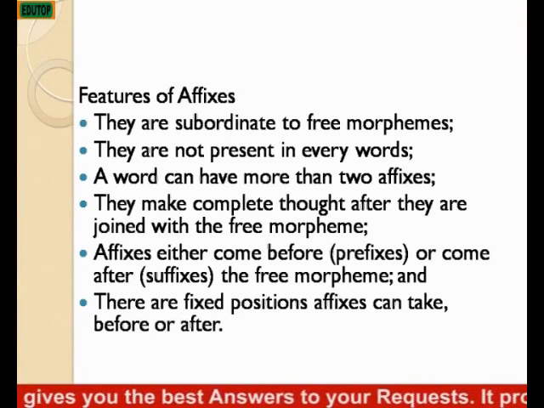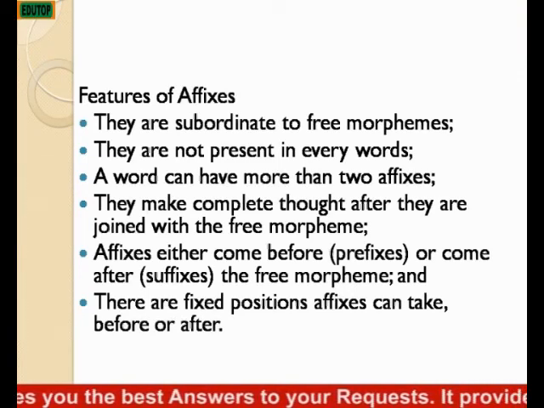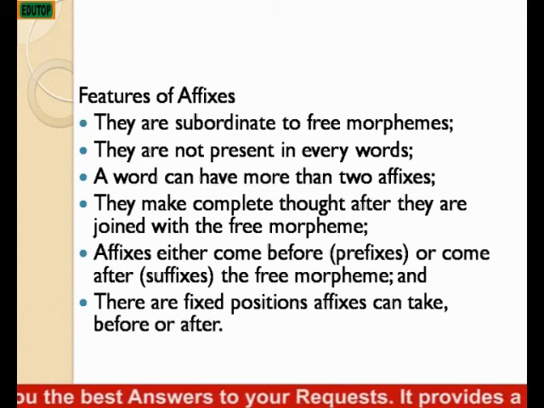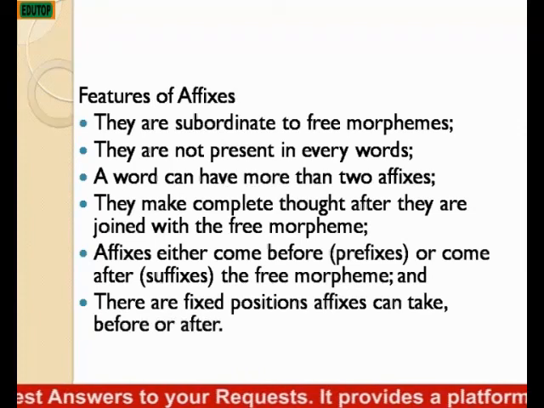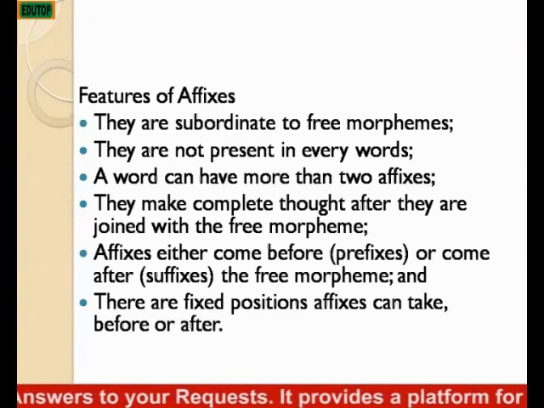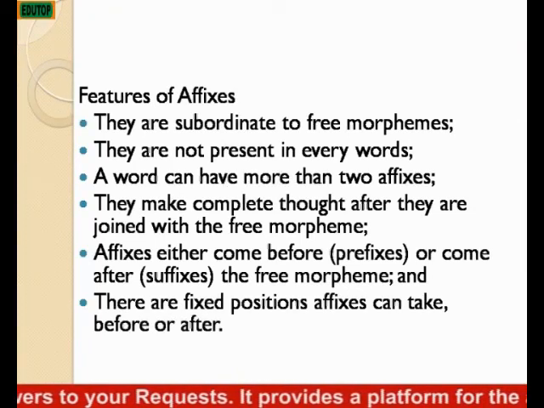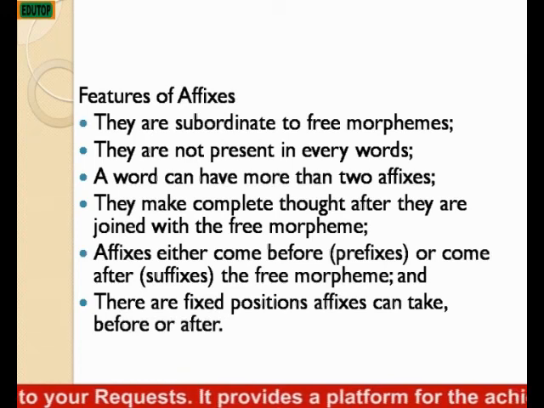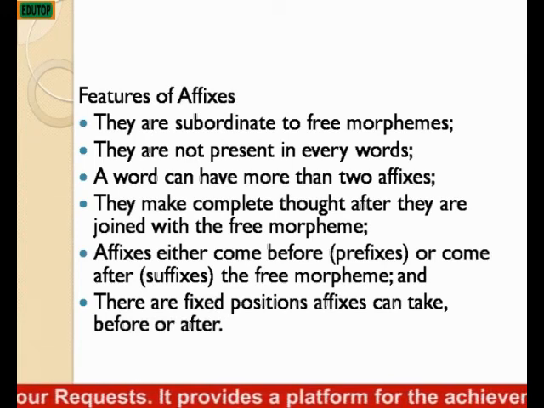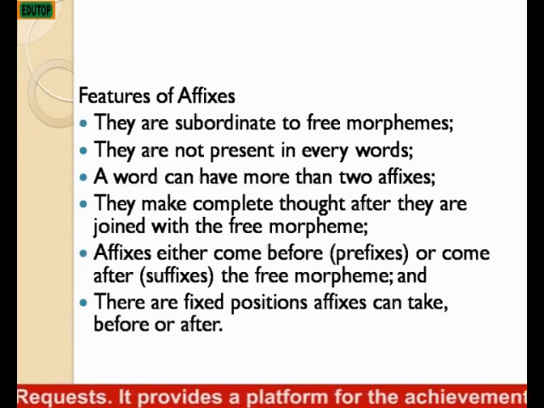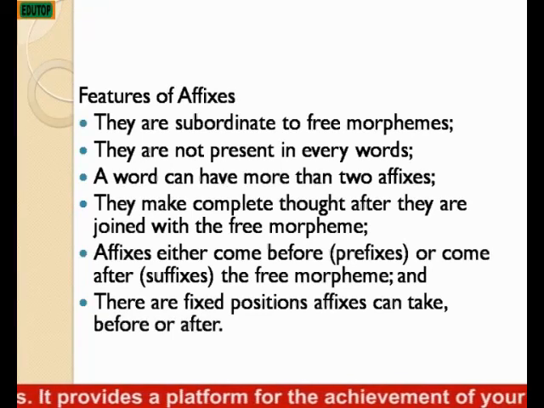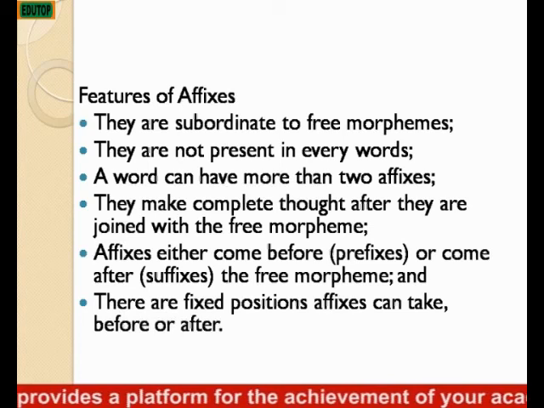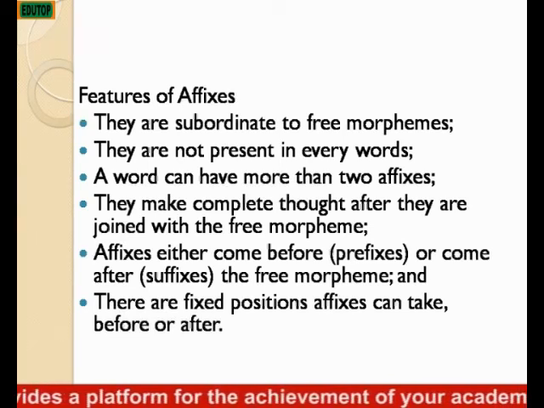Affixes are not present in every word, meaning not all English words can accommodate affixes. A word can have more than 2 affixes. This implies that in some cases you could have more than 2 affixes. You could have a prefix and more than 2 suffixes in a word.